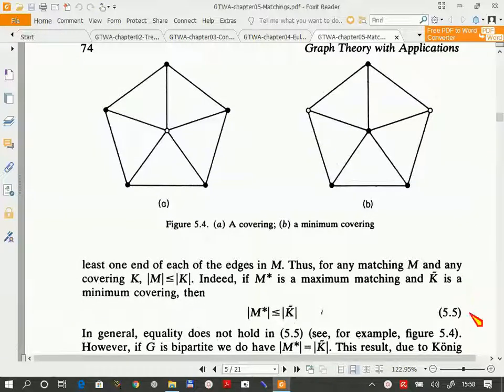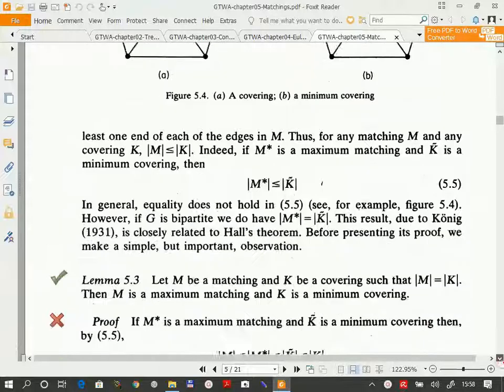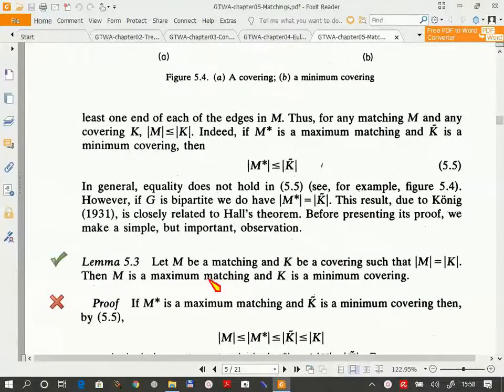Sometimes it does, and it does if G is bipartite, okay? Let M be a matching, K be a covering, such that the number of edges in M and the number of vertices in K are equal, then necessarily M is a maximum matching and K is a minimum covering.